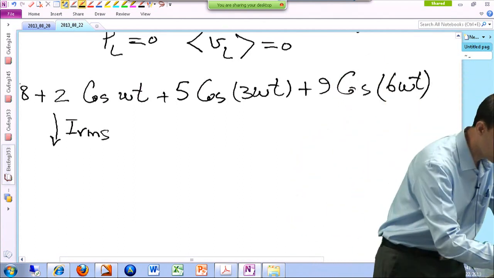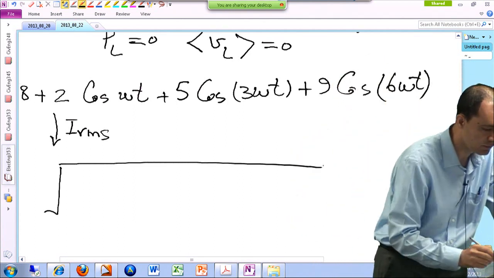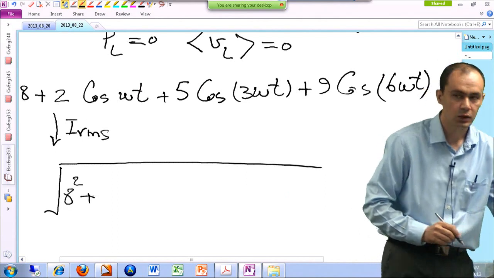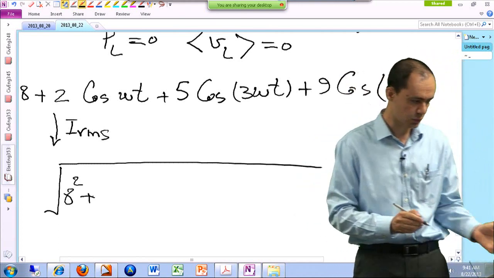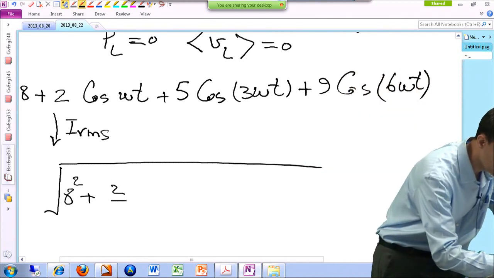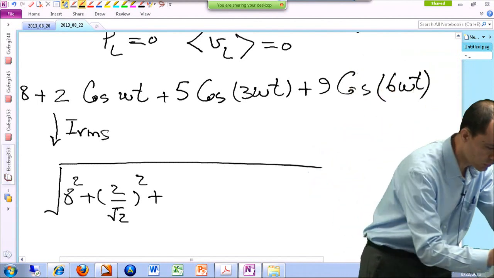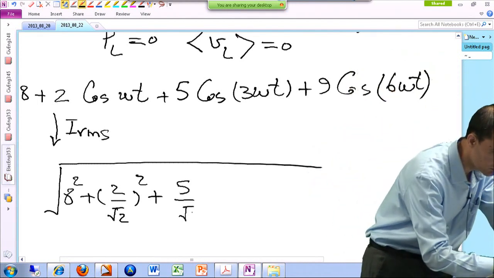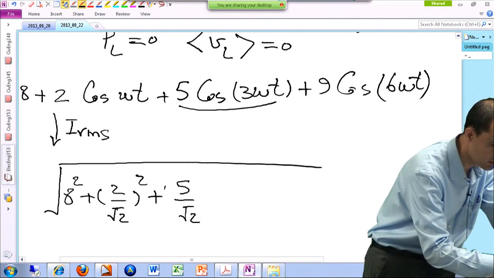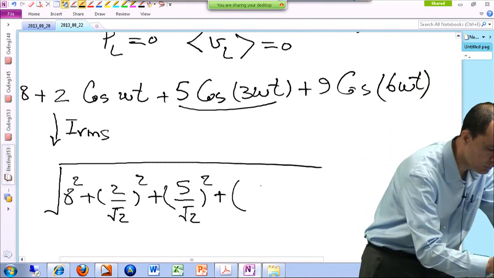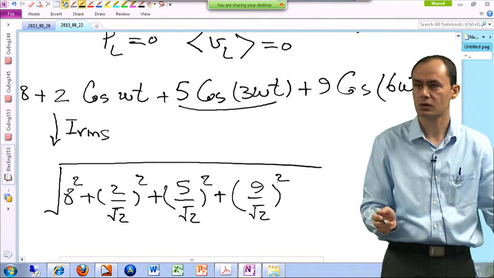So the RMS value would be the square root of the DC component squared, plus the RMS value of the fundamental harmonic squared, so 2 over the square root of 2, squared, plus the RMS value of the next harmonic that appears, so 5 over the square root of 2, squared, plus, you just keep doing that, plus 9 over the square root of 2, squared. Okay? So that's how you do that.